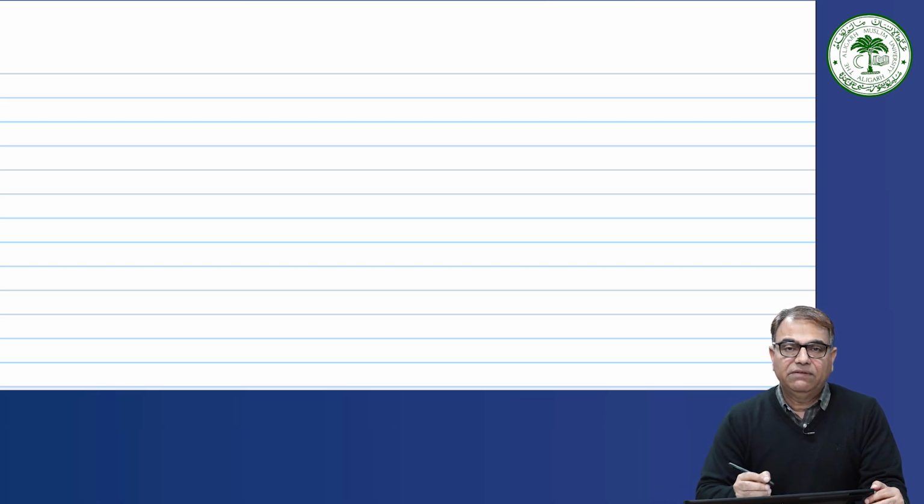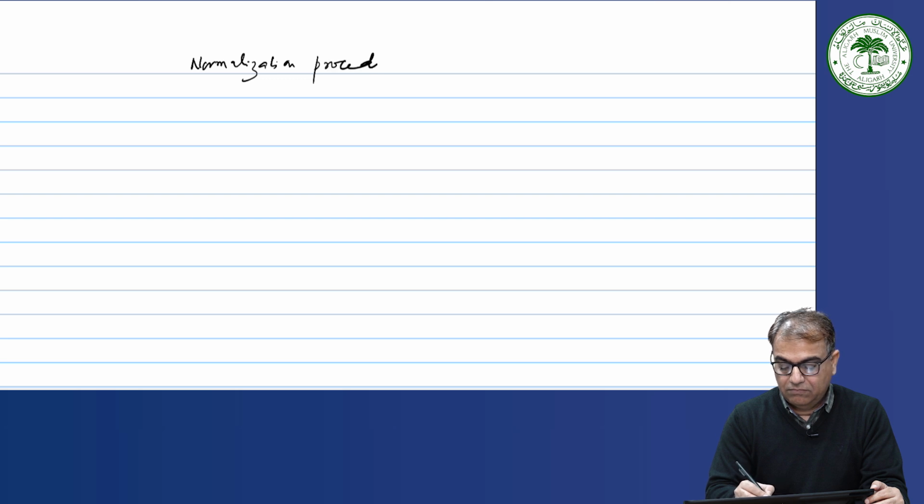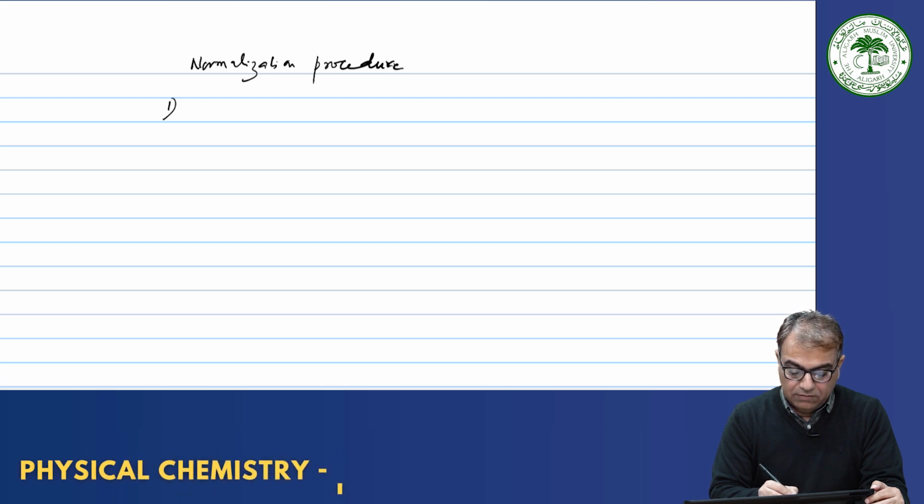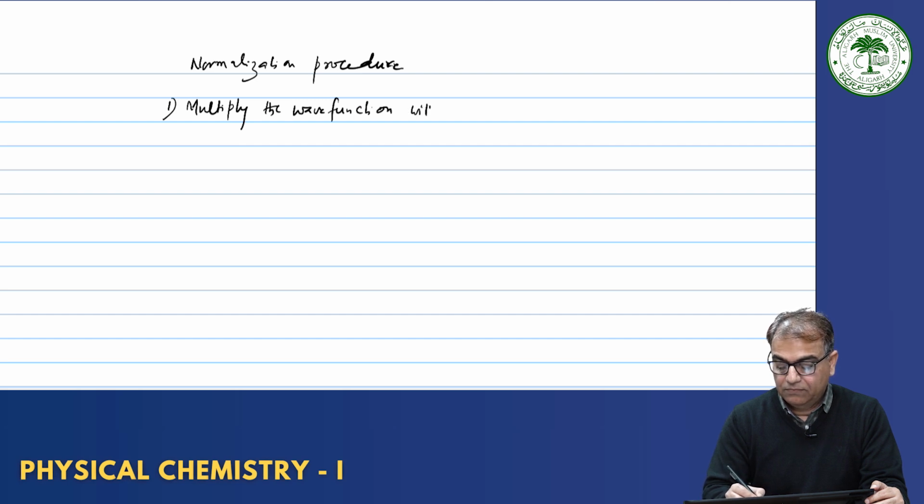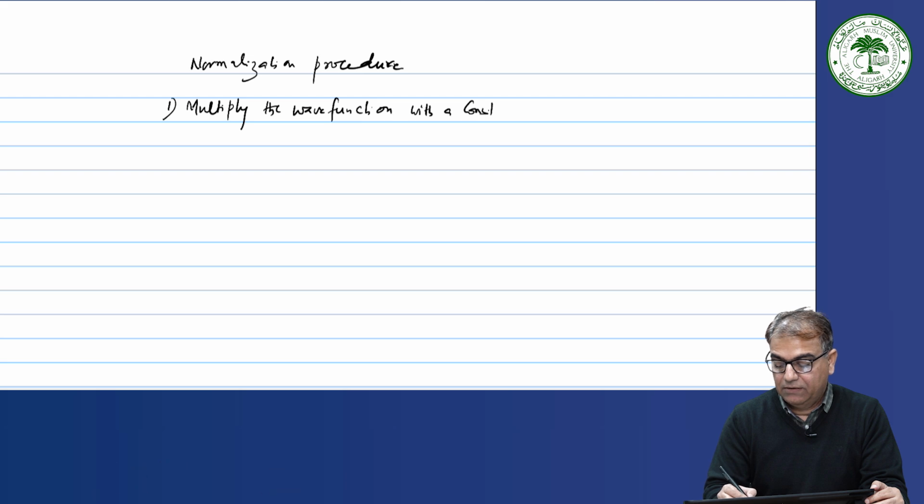The process of normalizing a wave function is called the normalization procedure, where you multiply the wave function with a constant n, so that it becomes n psi.